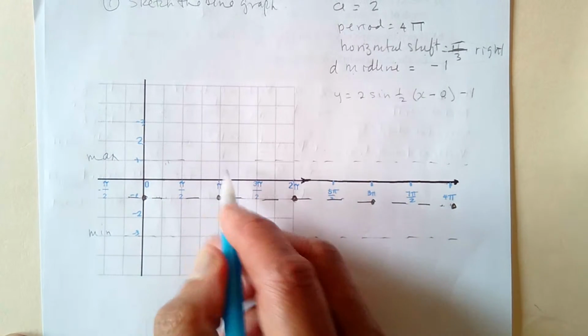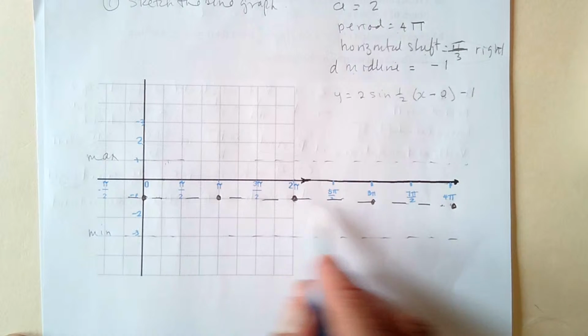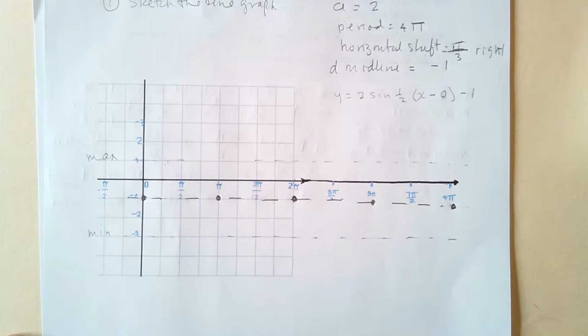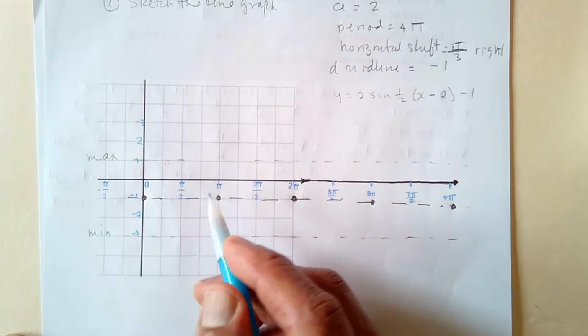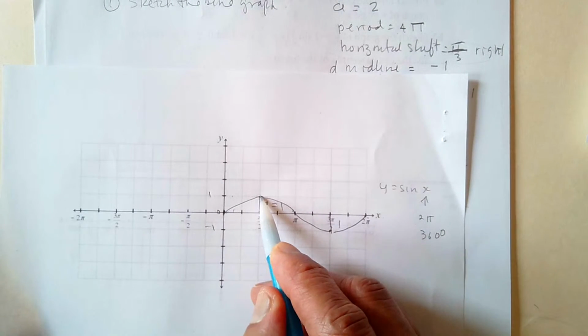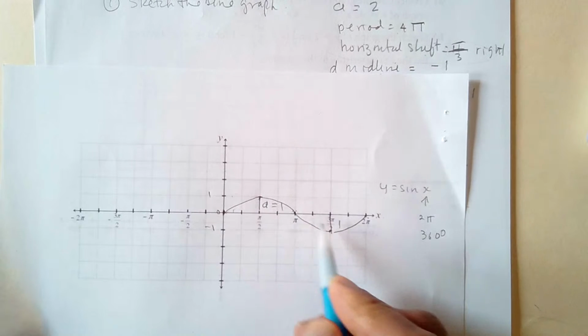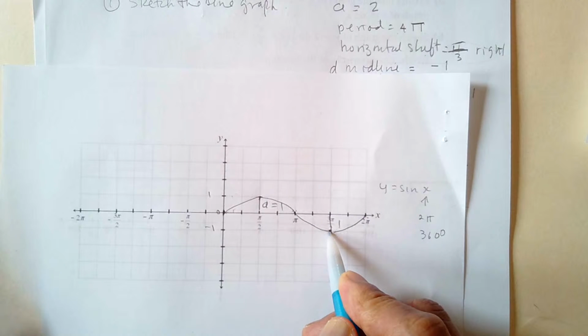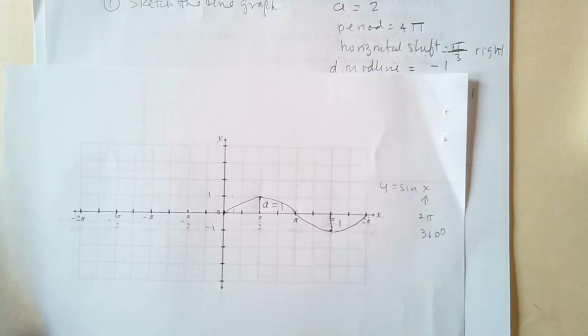So we more or less divided our period into 4 sections. So from our regular sine graph, we start from this, go up the amplitude, come down to the midline, down to the negative, your minimum point, back to your midline.